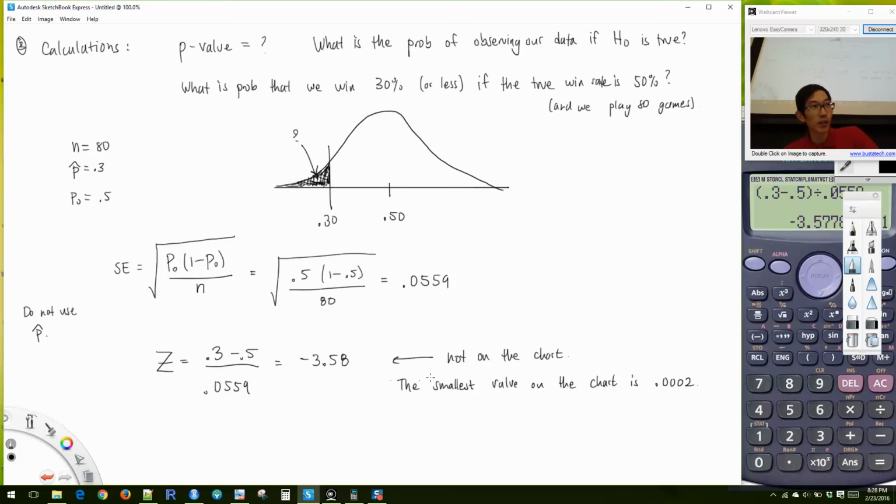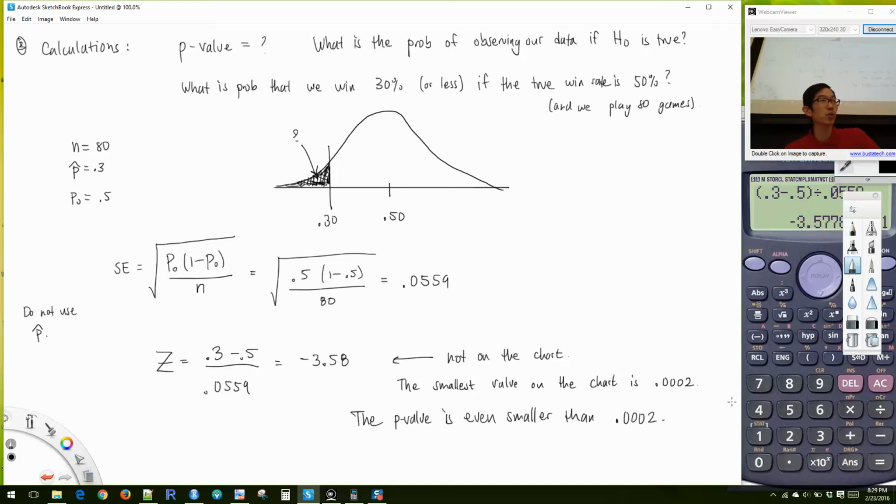So that means if this is the most extreme value that shows up on the chart and I'm even farther away than that, my p-value, the associated probability, must be even smaller than 0.0002.